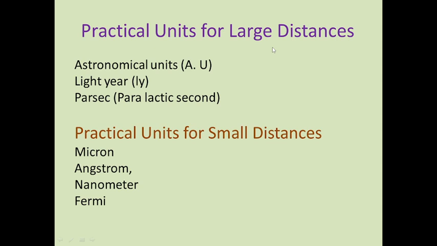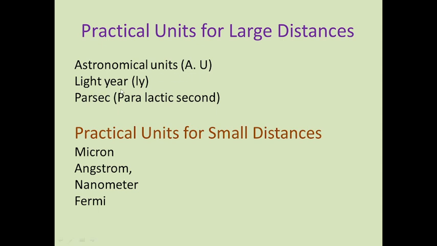Other than these units, we have practical units for large distances and small distances. For large distances, we measure distances from earth using the astronomical unit. It tells how far different planets are from earth, so the astronomical unit is helpful.